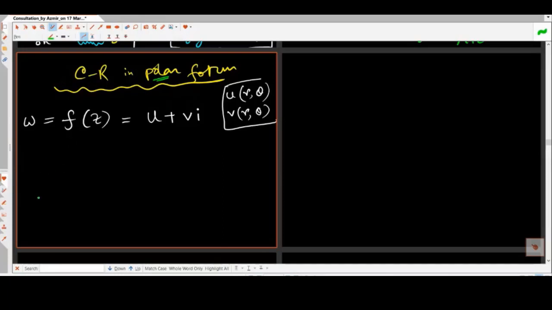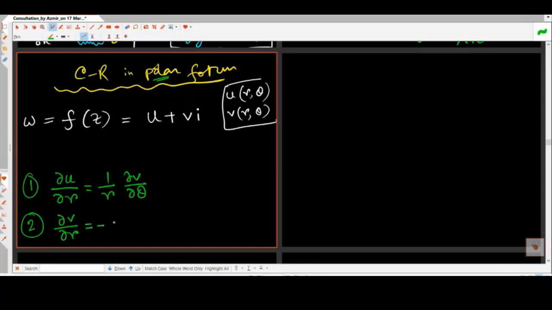So the Cauchy-Riemann equations in polar form are written this way, that is du dr equals 1 over r dv d theta. And the second equation is dv dr equals negative 1 over r du d theta.